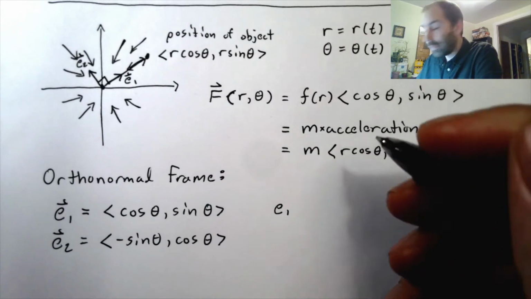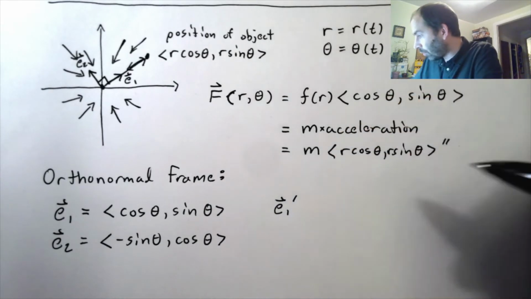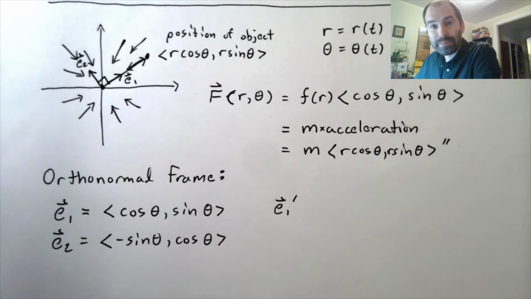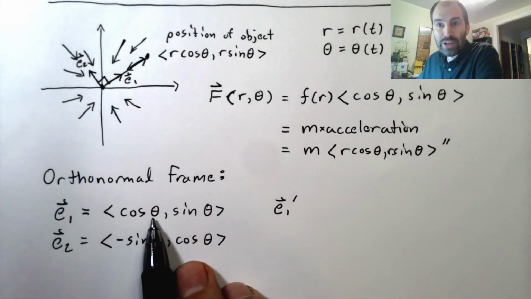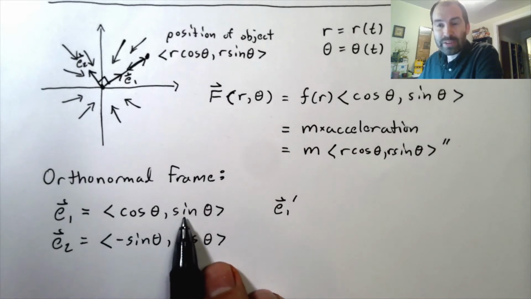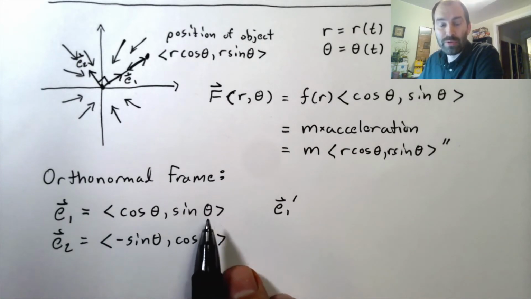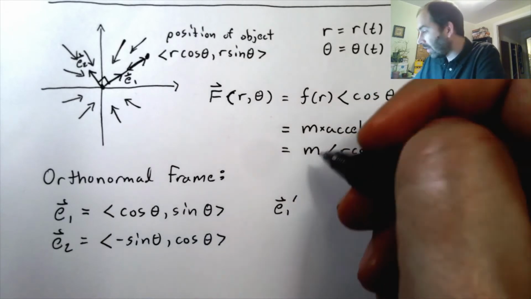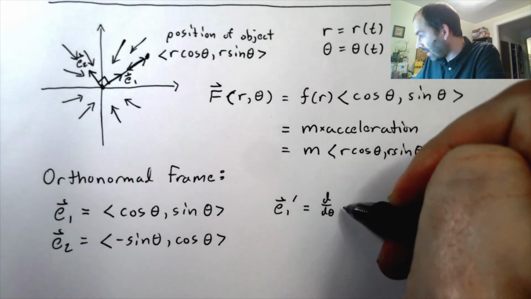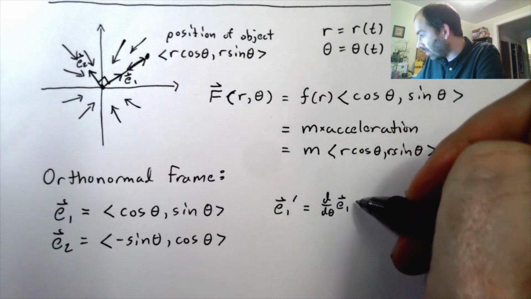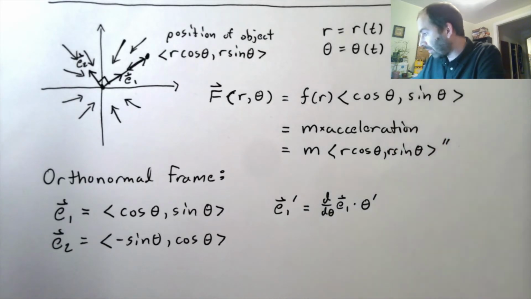But what we're actually going to do is take the derivative with respect to time. I'm going to denote derivatives with respect to time with a little prime here. To differentiate with respect to time, the chain rule says to differentiate with respect to theta and then multiply by the derivative of theta with respect to time. So this is going to be d by d theta of E1 multiplied by theta prime.